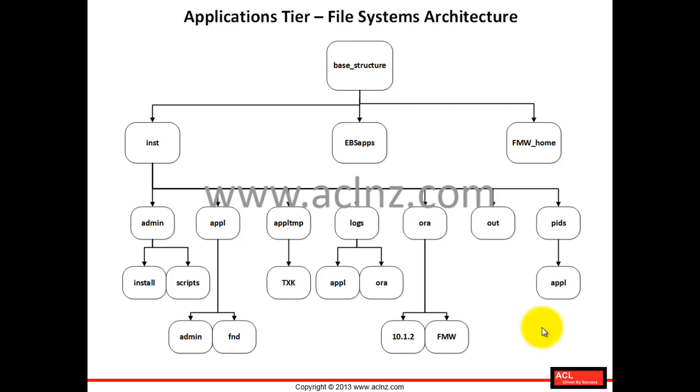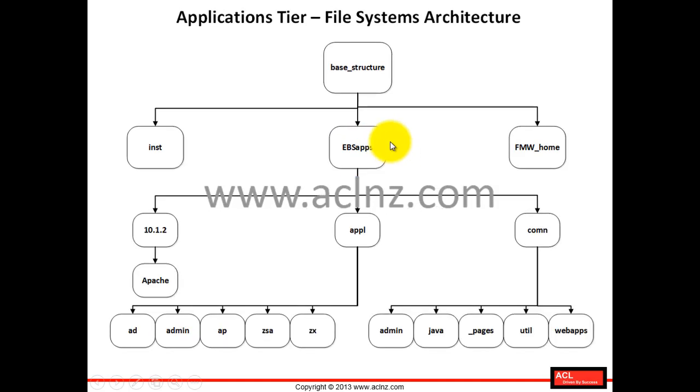Let's go back further and understand what's next. That was the inst top. Then you've got the second top directory called EBS apps. What really happens in EBS apps? Basically the EBS apps contains your Oracle home in the application tier. So Oracle home 1 in the application tier is associated with the 10.1.2 application server.